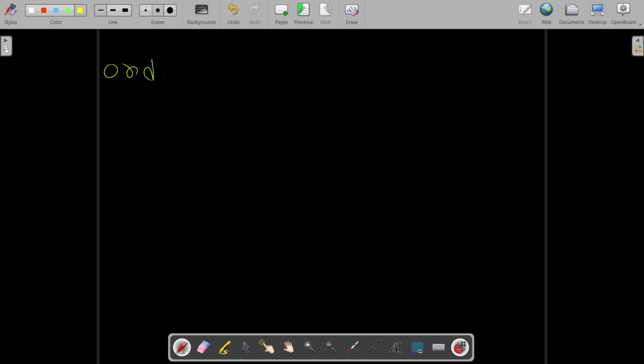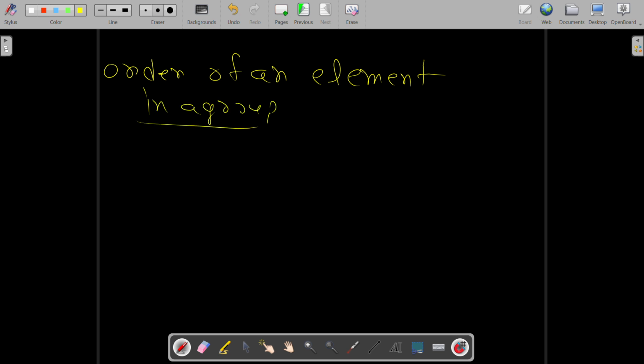Next, order of an element in a group. Now we'll tell what is the order of a group element.